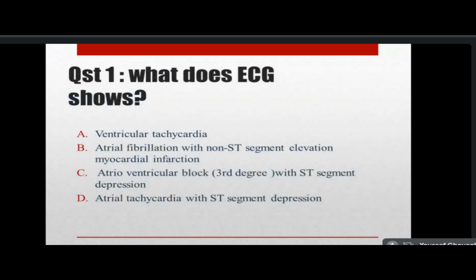Okay, I will go back to the suggestion. We have ventricular tachycardia for A; B, atrial fibrillation with non-ST segment elevation myocardial infarction. For C, we have atrioventricular block, third degree, with ST segment depression, or atrial tachycardia with ST segment depression.